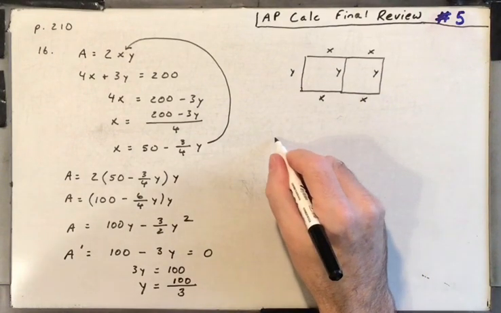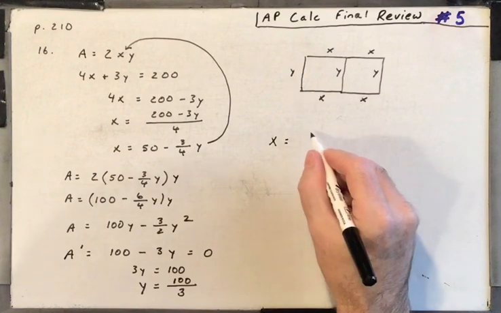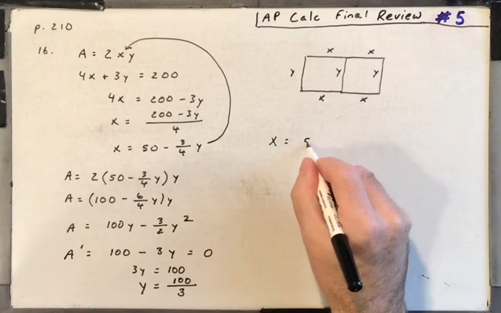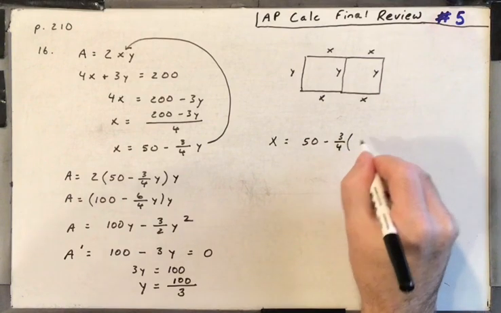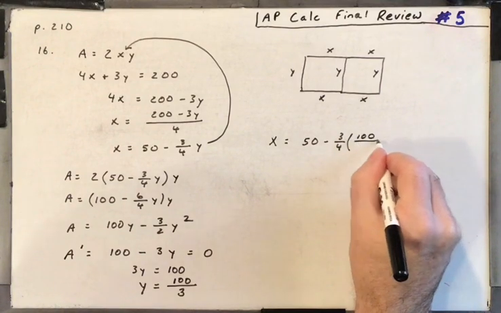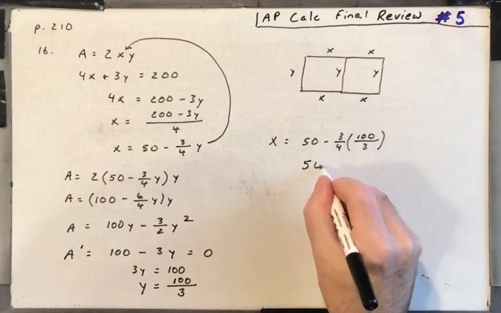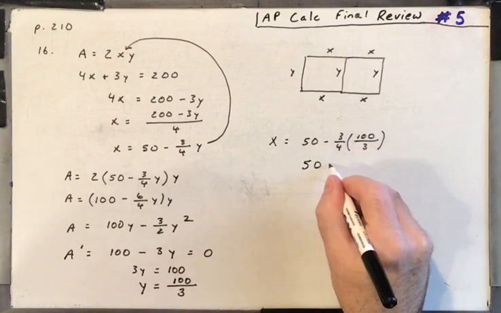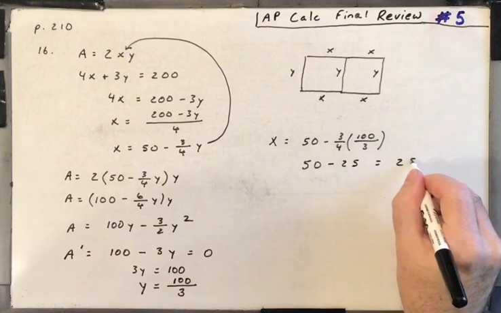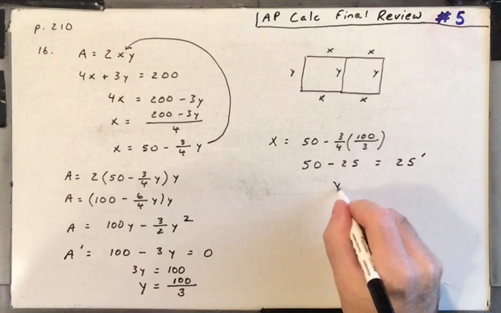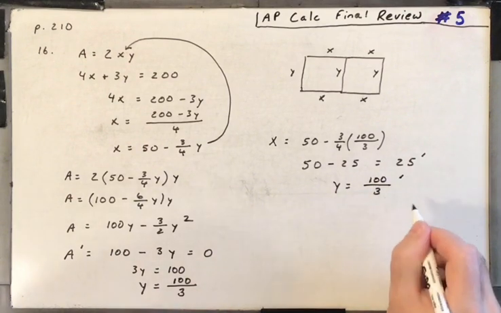So let's solve for x. x is going to be 50 minus 3/4 times 100 over 3. So that's going to be 50 after the 3's cancel minus 25. And so our x value would be 25 feet and our y value would be 100 over 3 feet.